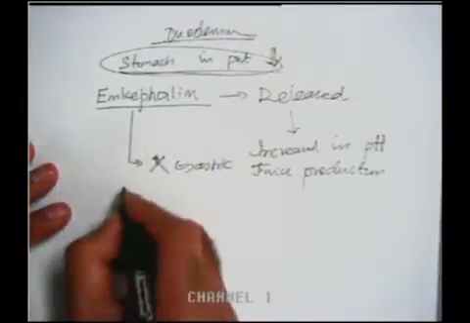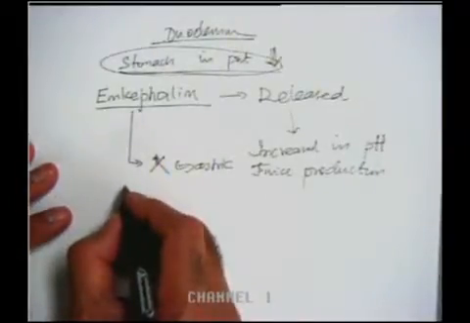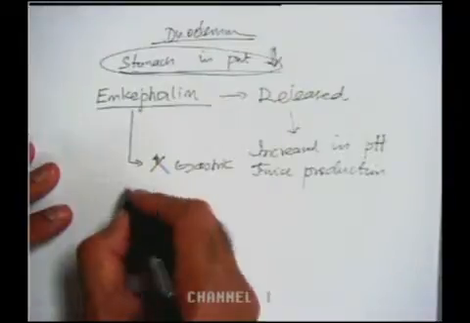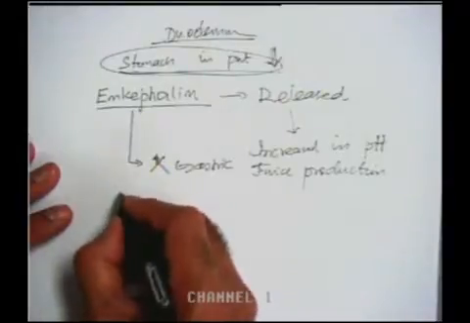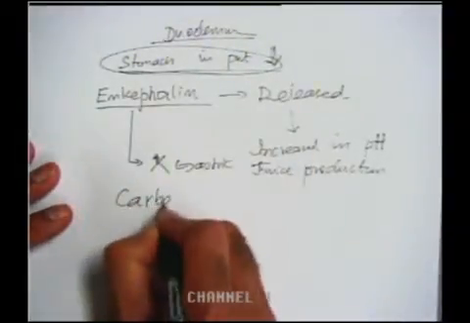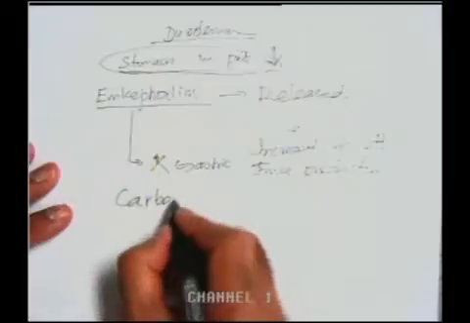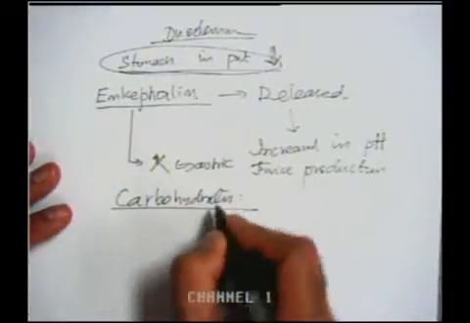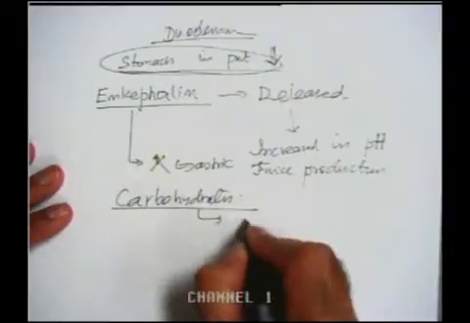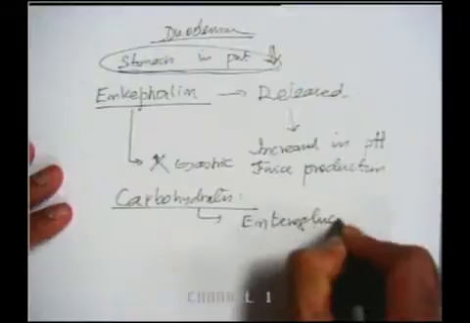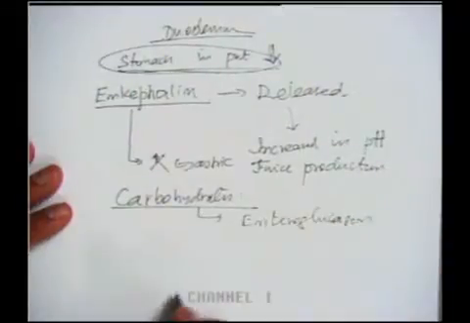Also it increases the enteroglucagon that is coming from the carbohydrates. As soon as the carbohydrates enter, because the food is entering into the duodenum, that activates enteroglucagon, another hormone.